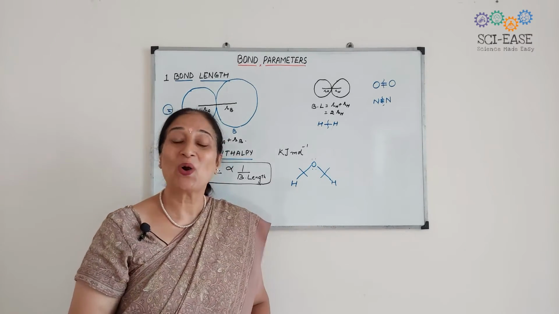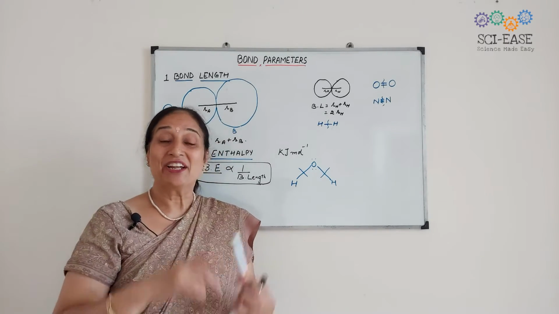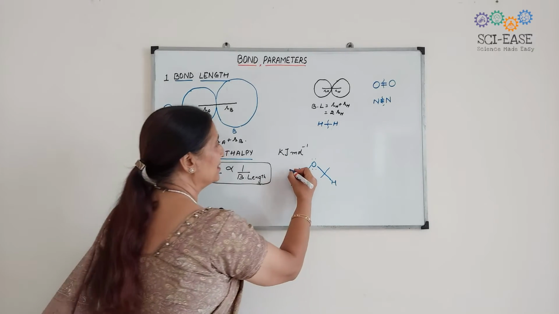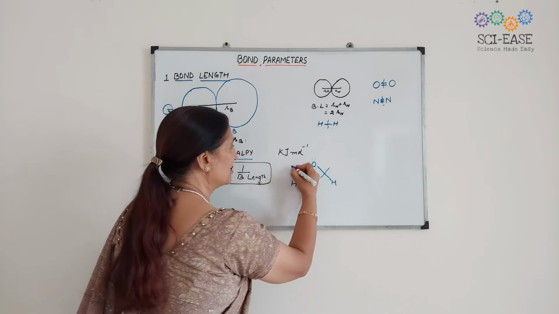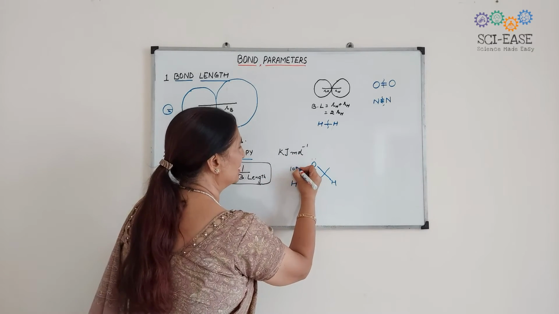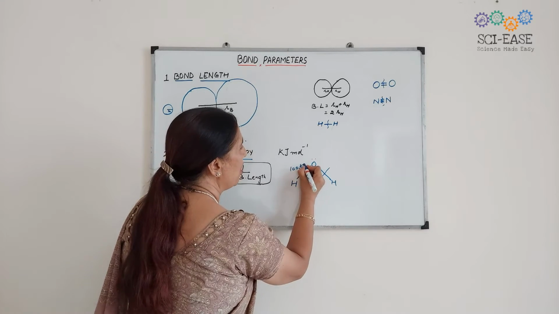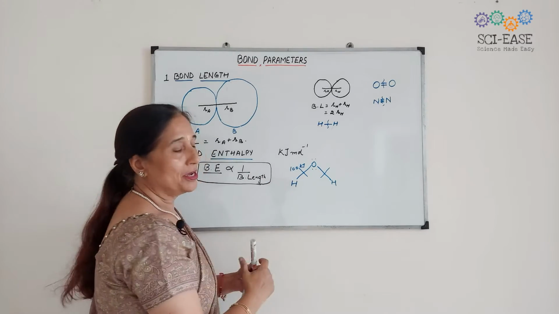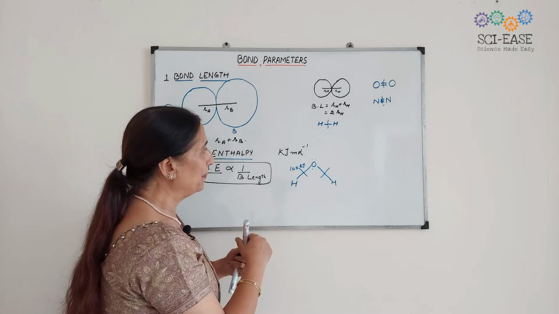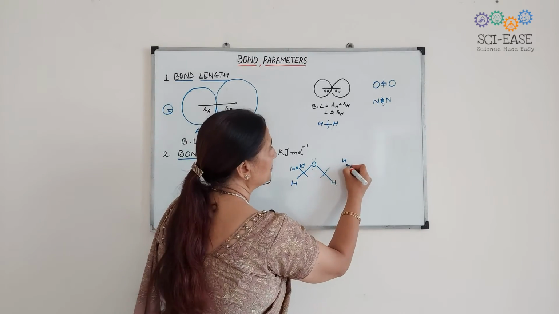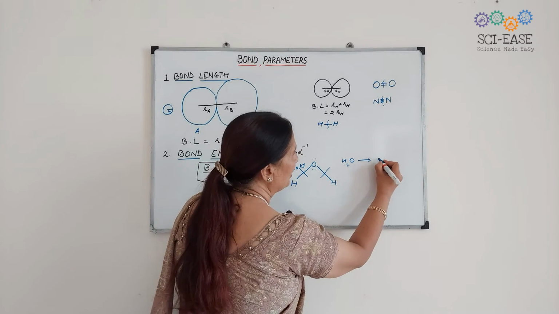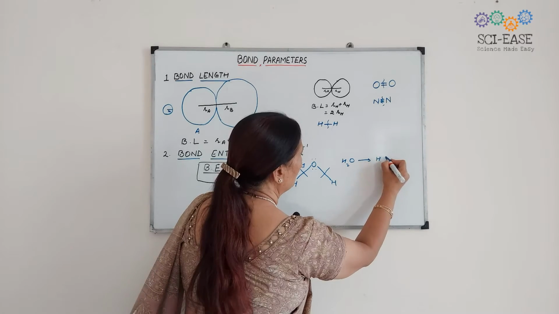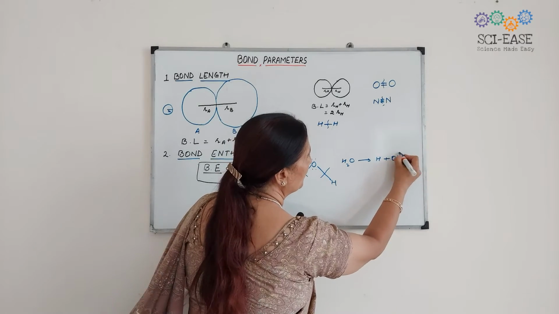But this is not the case. A different amount of energy is required. Suppose, I'm just telling you, there are 100 kilojoules of energy required to break this bond. It means first water will be broken down into H plus OH.